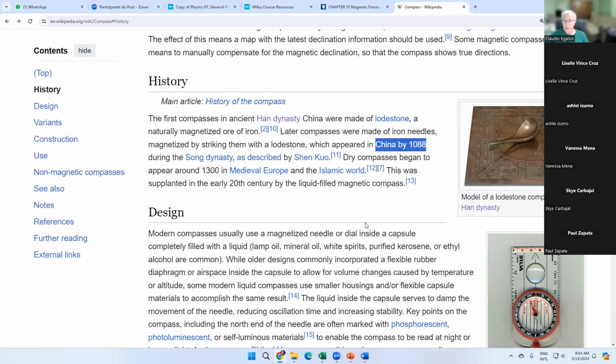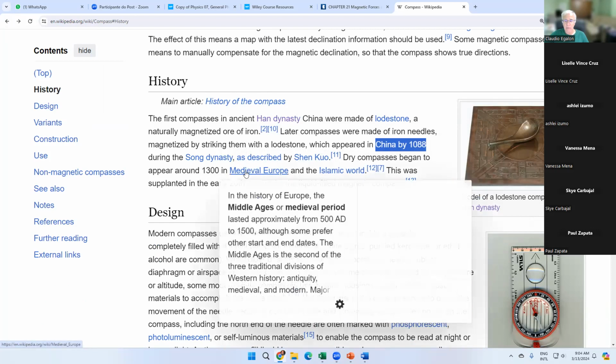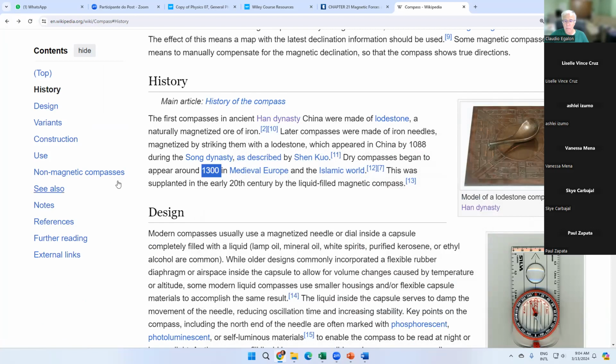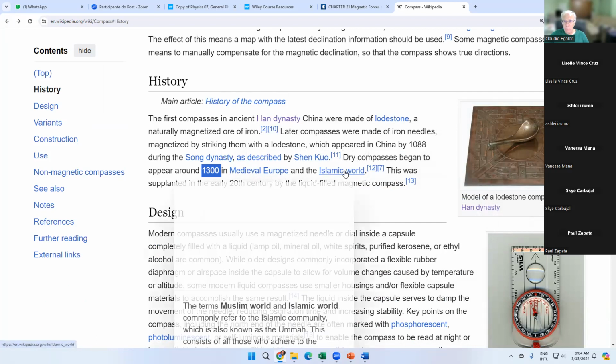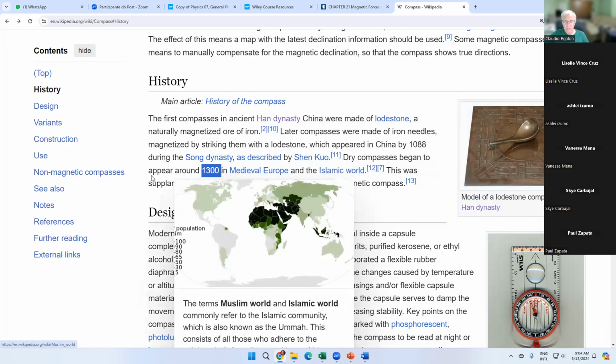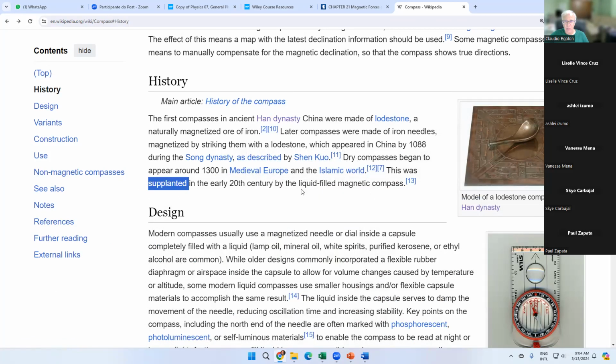Then the Song dynasty. Dry compasses began to appear around 1300 in medieval Europe. Most likely it was Marco Polo who introduced that in Europe and the Islamic world. Okay? This was supplanted in the 20th century by the liquid-filled magnetic compass.